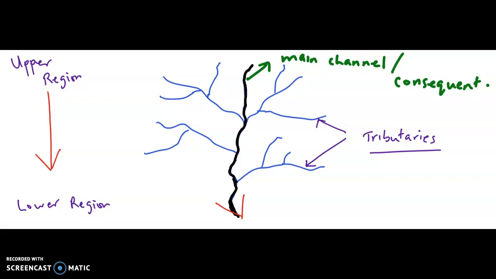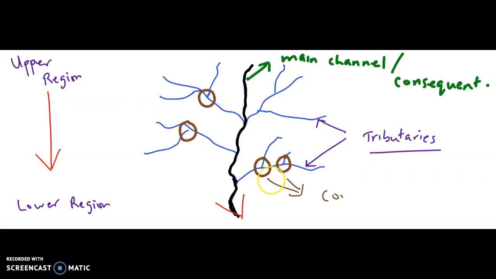All right, now at this point, I would like to highlight something very important here. Where two or more streams merge into one, for example, this region that I'm circling in brown, that is known as a confluence.